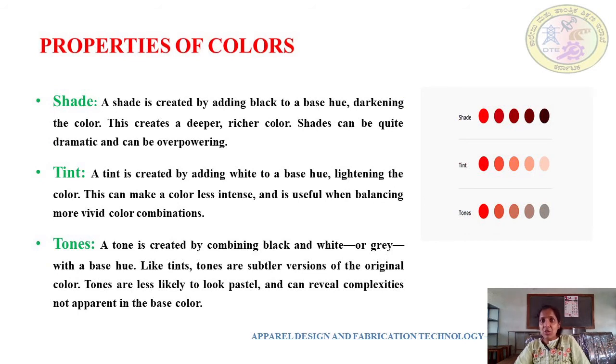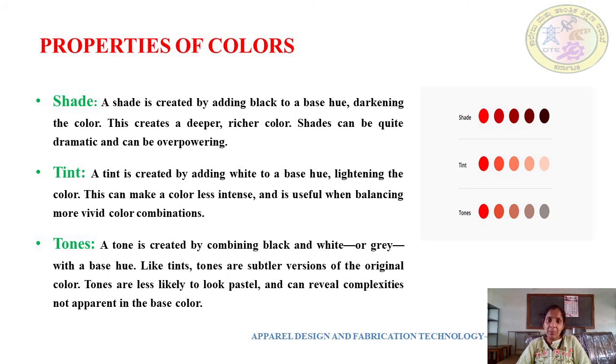Next, shade. What is shade now? Shades are created by adding black to any color. To the base color, or any color among the color wheel, we add black in a certain quantity. There are 36 color wheels, 12 color wheels, 24 color wheels, the primary color wheel, secondary color wheel and even tertiary color wheel.